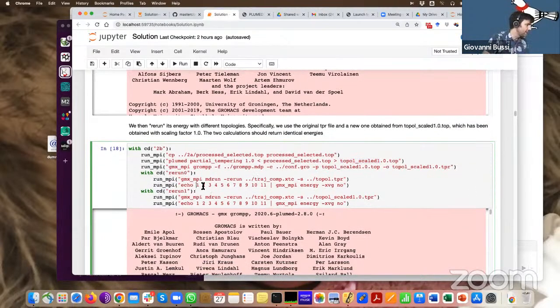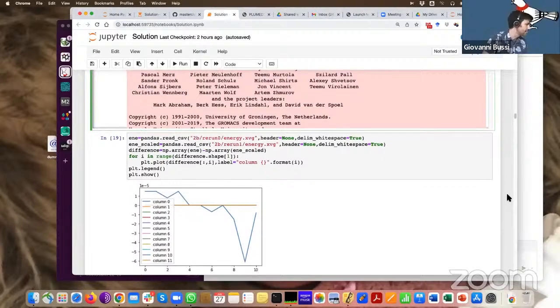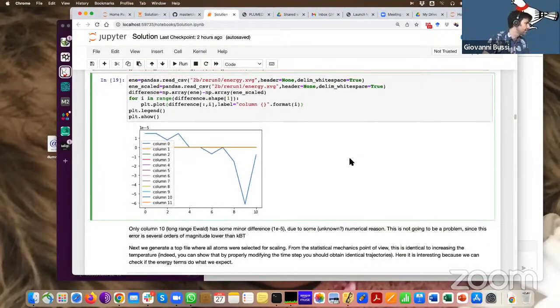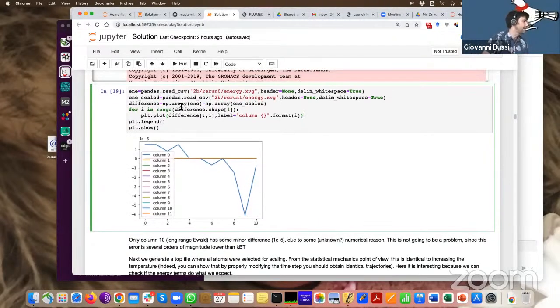I recomputed everything, printing on a text file all the columns that are present in the EDR files, and then reading and plotting them. So you see, I'm plotting the difference here, the energy with the scaled topology compared to the energy with the non-scaled topology.